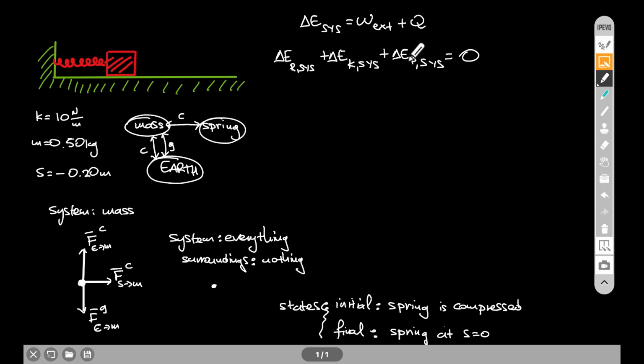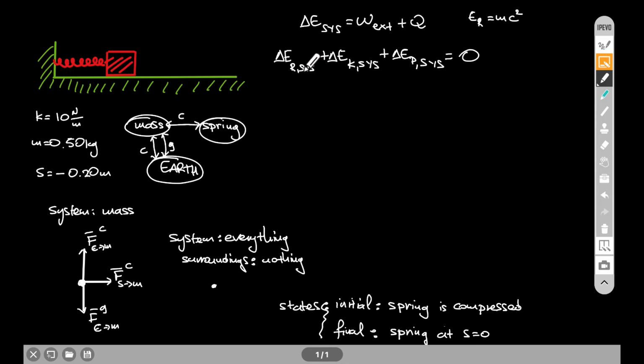Now, as I have mentioned several times in Physics 1, the equation for the rest energy is mc squared. The rest energy will change when the mass changes. C is a constant, the speed of light, 3 times 10 to the 8 meters per second.